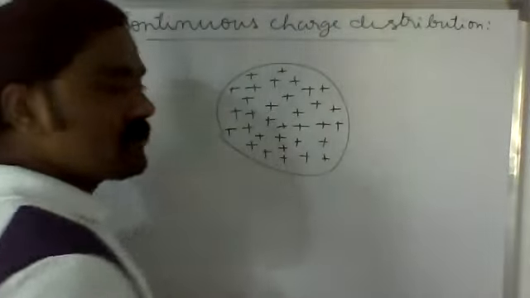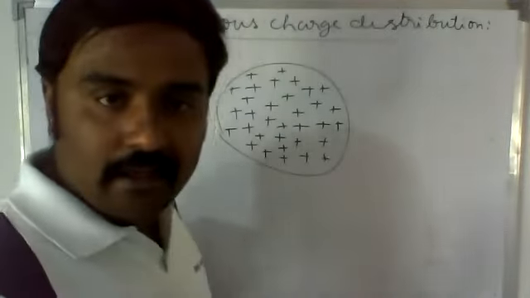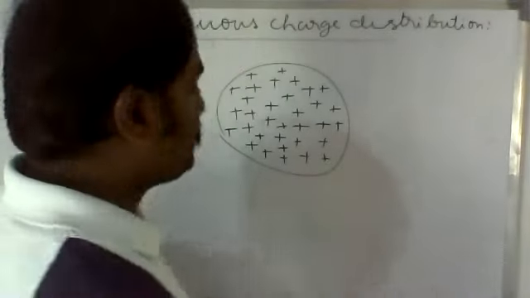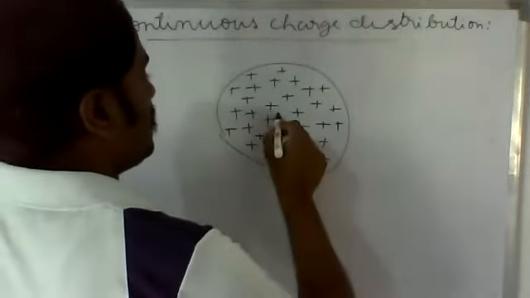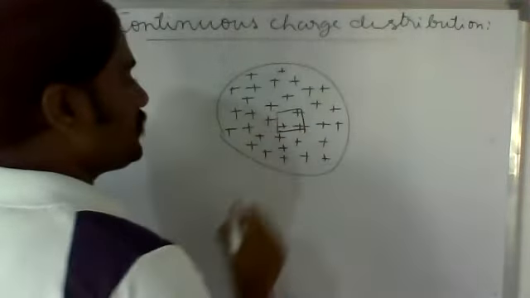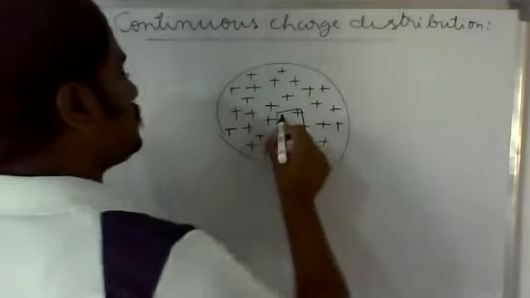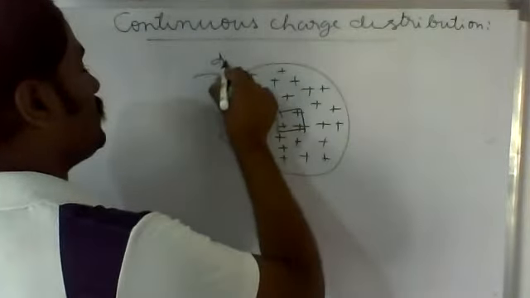Here charge spreads over a region in a continuous manner. So now we can choose a very small charge in the continuous charge distribution, that is dq.